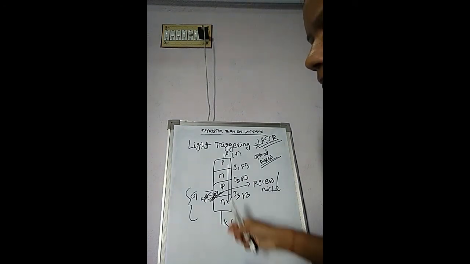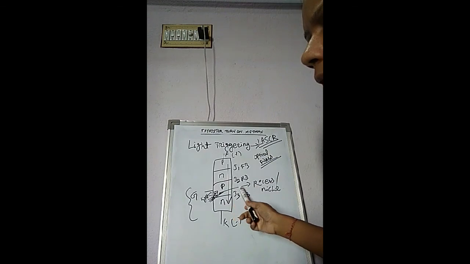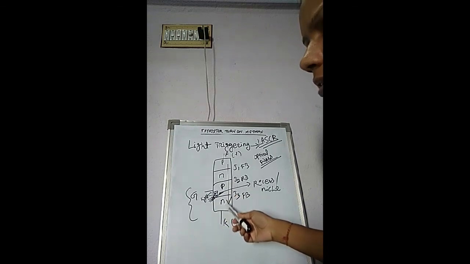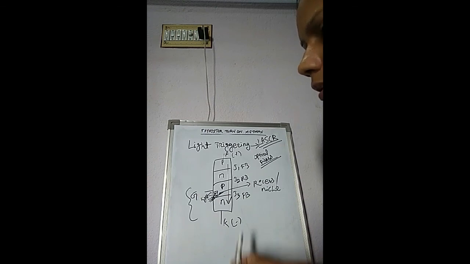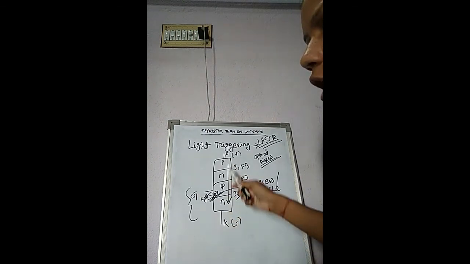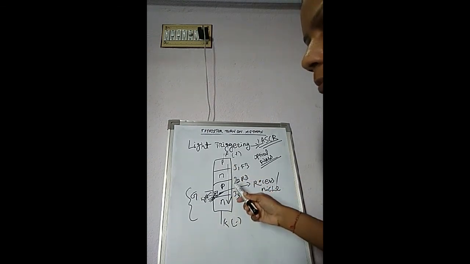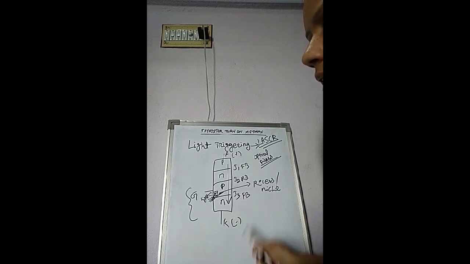So once we apply both the gate signal and light signal to turn on the SCR, then the SCR can turn on at a much slightly lesser amount of gate signal.